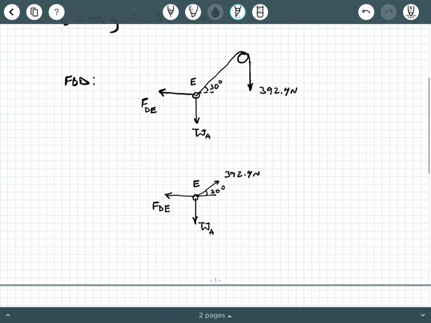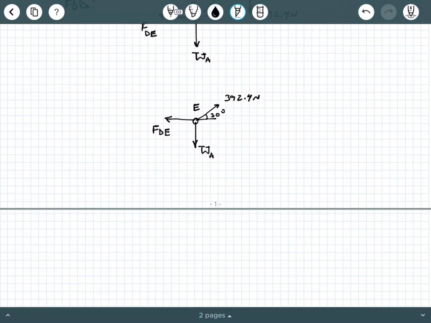Now this free body diagram seems like a very familiar diagram. So here we can apply our two particle equilibrium equations for two-dimensional systems.